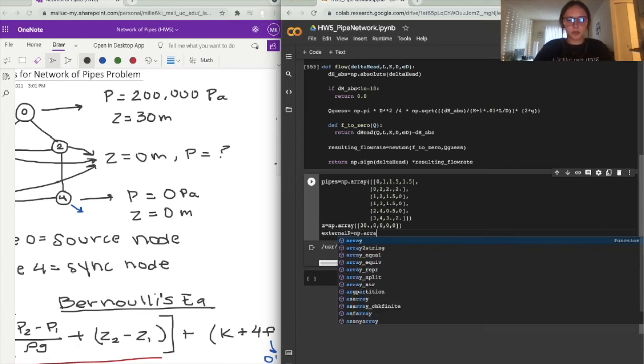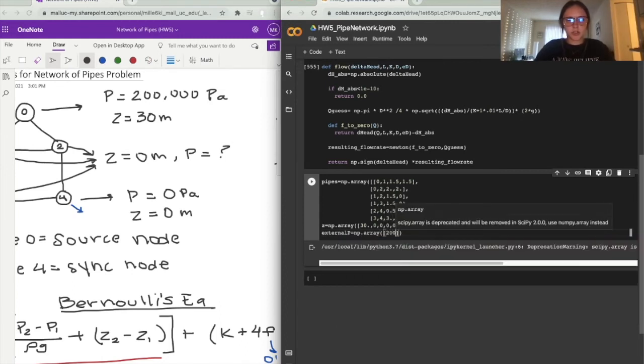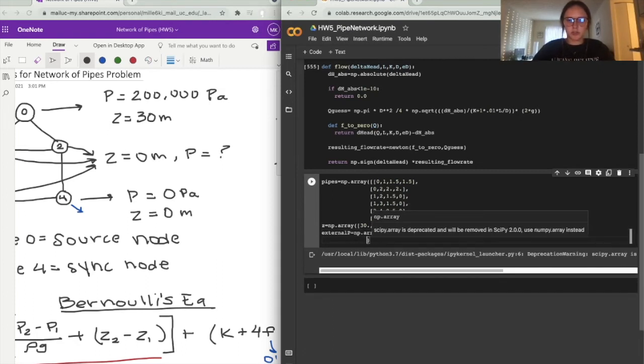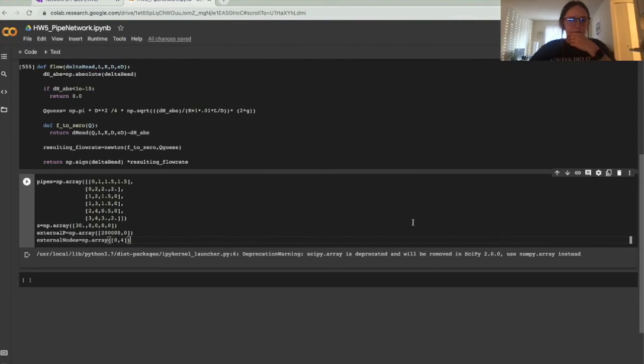And we can have that as an array as well. And first is 200,000, and then the other one is 0, and we should probably label our external nodes. So external nodes, and so that's going to equal an array again of 0 and 4, and so those are the numbers of our external nodes that we found before.